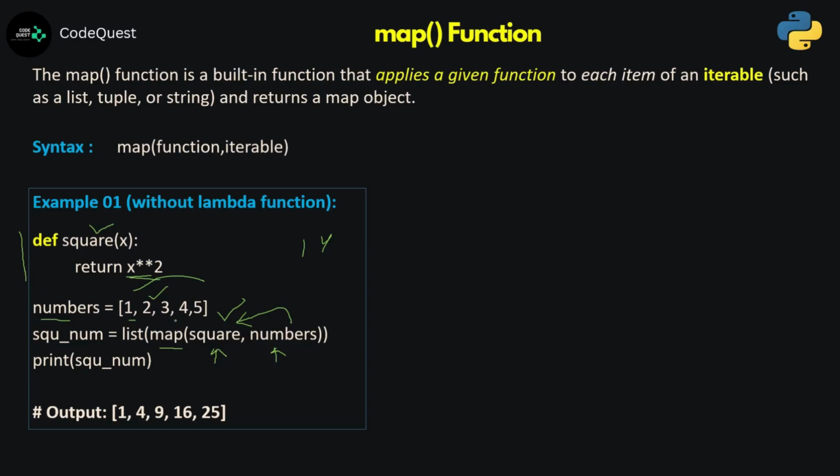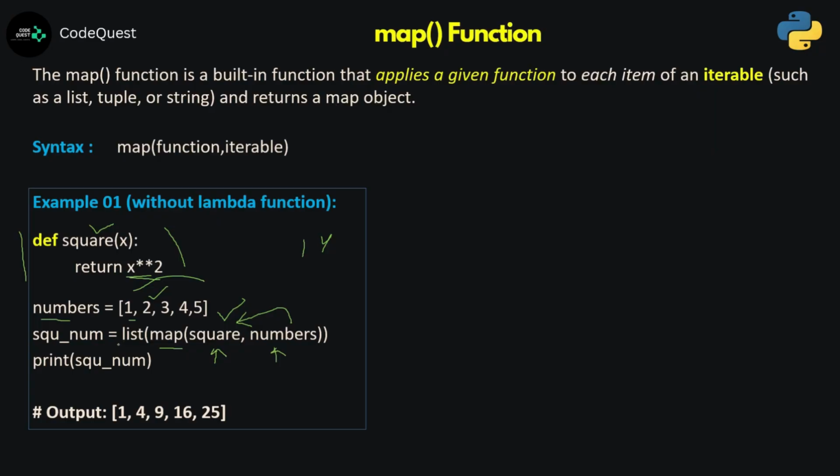Similarly, 3 square, 4 square and 5 square are calculated. So the map function is simply extracting each element present in this iterable and passing it to square. And square in turn just finds the square of each element that has been passed to it.